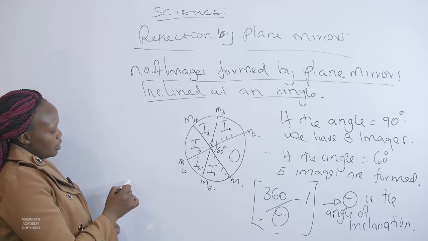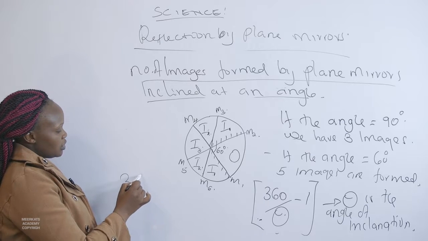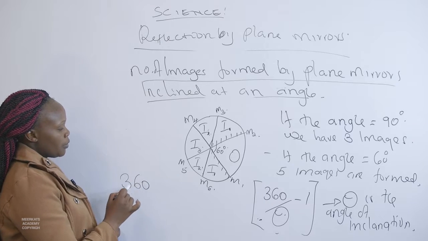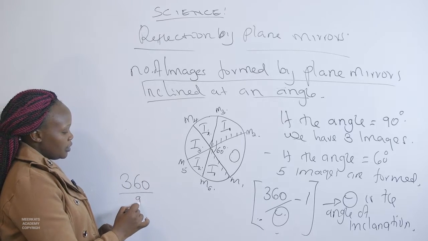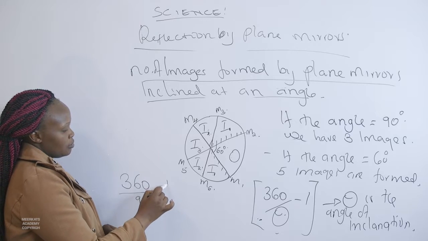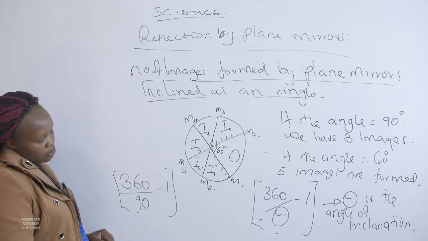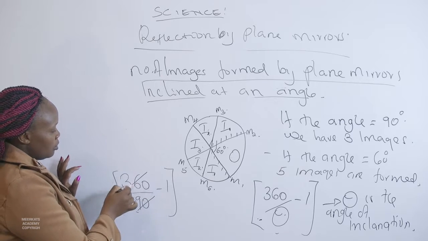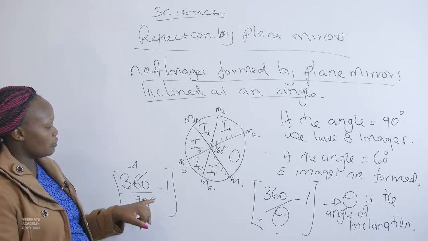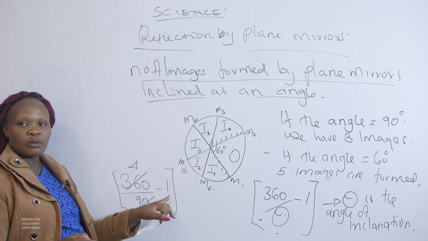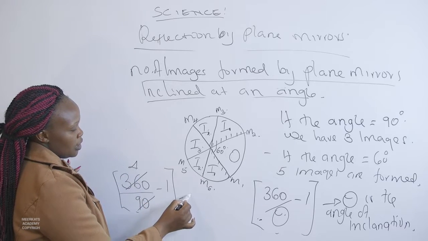So we take 360 divided by 90 and subtract 1. In this case, we can cancel 9 by 9, so that 4 minus 1 gives us a 3.